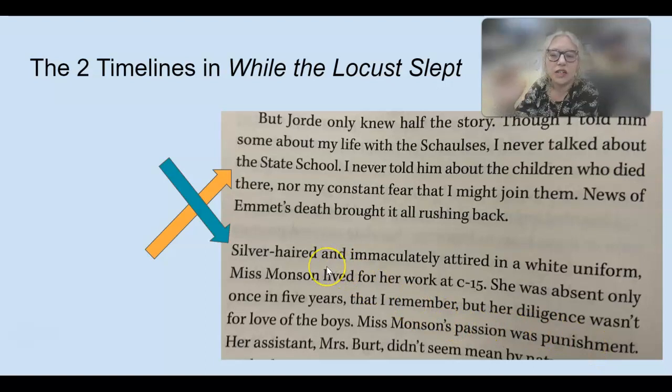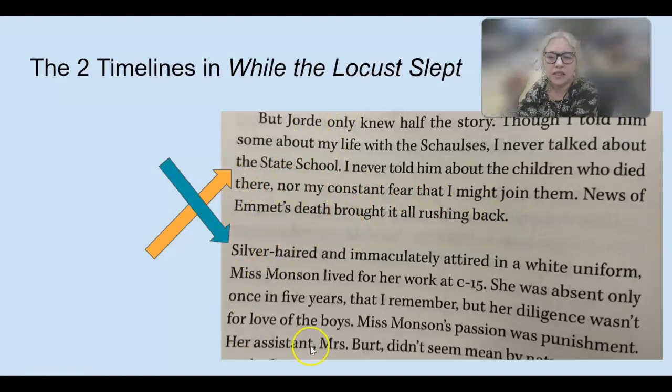Okay, so here's an example of the two-timeline narrative structure. In this paragraph, Peter Razor is talking about what's going on when he's 15 years old after he has left the state school at Owatonna, talking about Geordie and the Shawlses. And he remembers something that happened from the past. Emmett died in this present timeline, right?